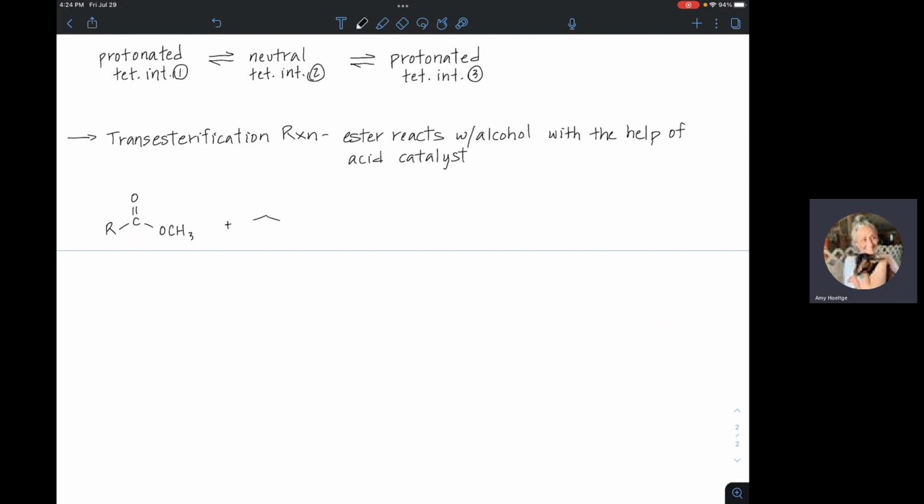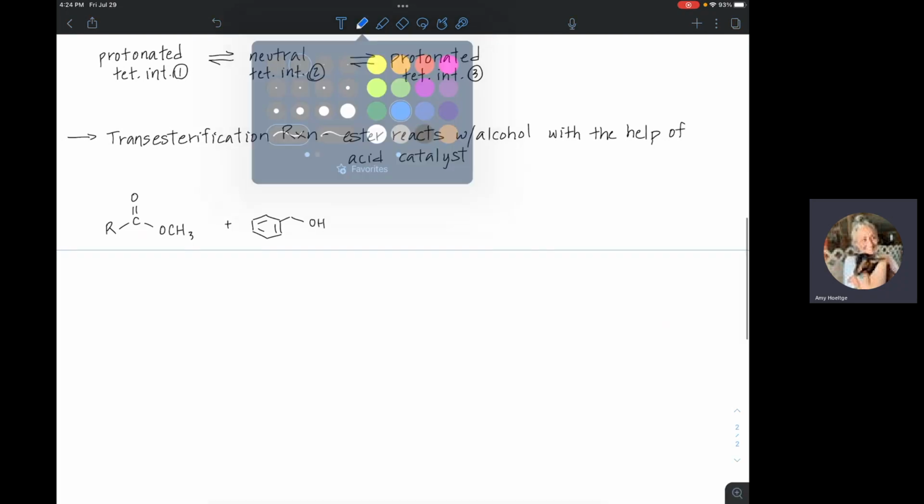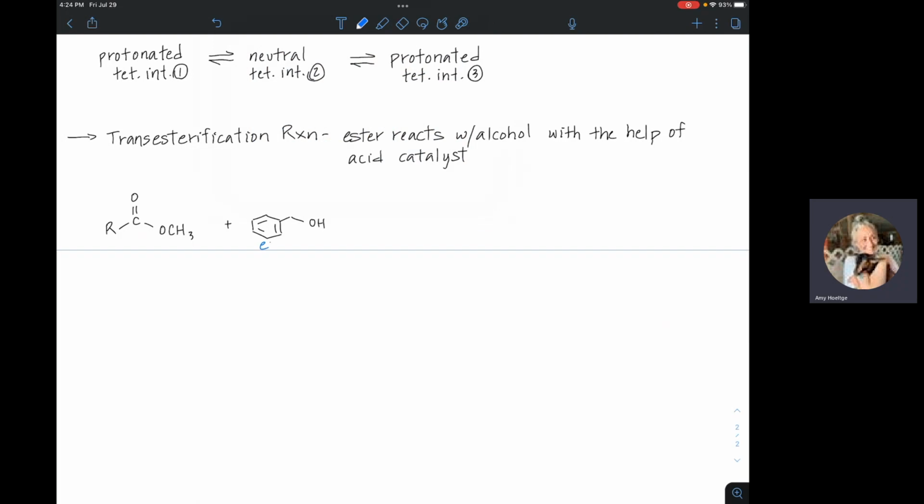In this case, we could just use a different type of alcohol to show that all you're going to do is get a different ester. So we could use, say, benzyl alcohol. And we're going to use this in excess. So this is going to encourage the forward process, right?